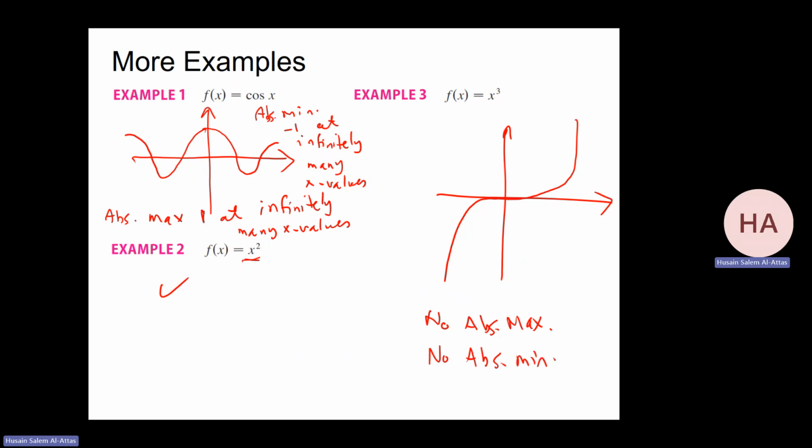Now, locally, if we take an open interval containing zero, we cannot say f of zero is the lowest point because I have a negative side, and we cannot say f of zero is the highest point because you have a positive side. So also no local minimum and no local maximum. Okay.